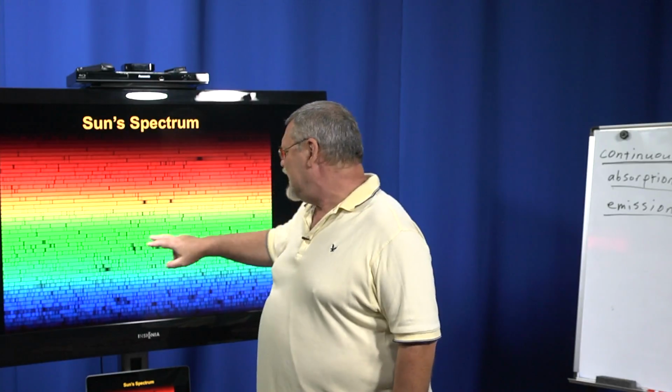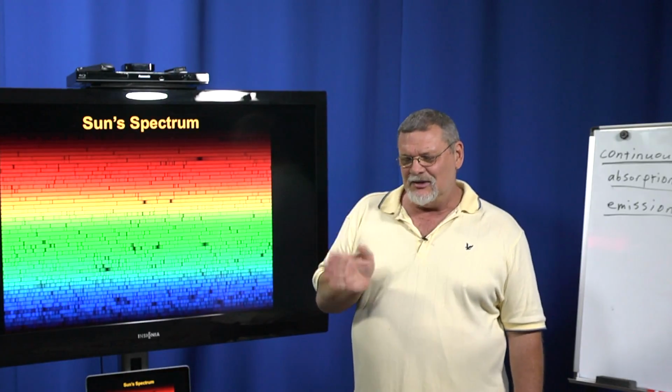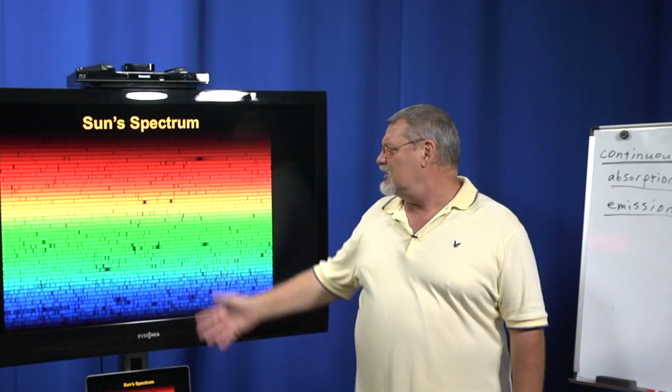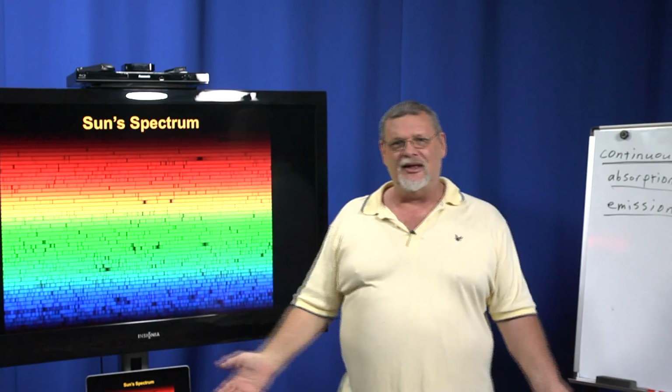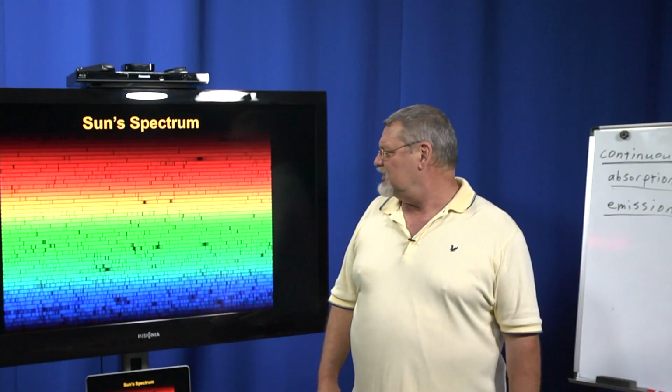And all of these black lines here are being absorbed at certain specific frequencies. And we know exactly what those frequencies are and which element it belongs to. So in other words, we can look at this and see what the sun is made of, what's in there, and how much of it is there. It's mostly hydrogen and helium. It's mostly that, but it's got a smattering of a bunch of other stuff in there.